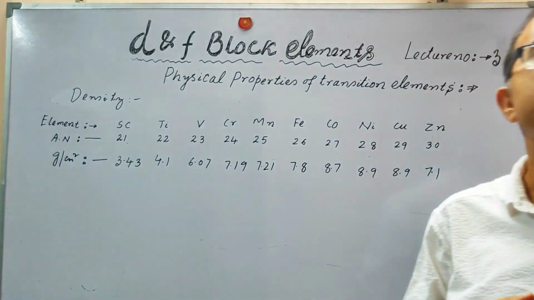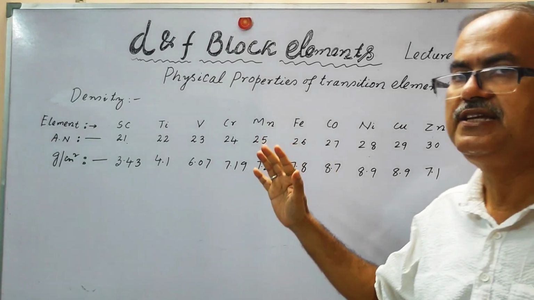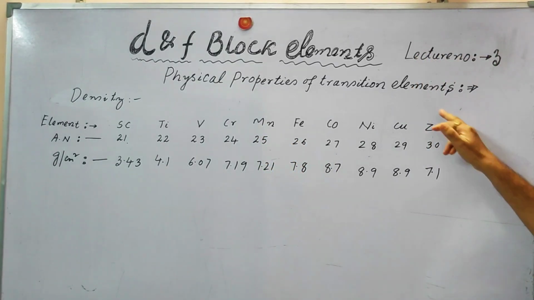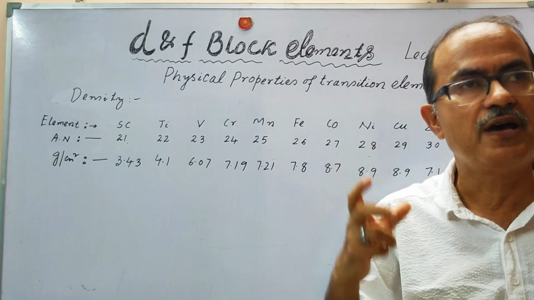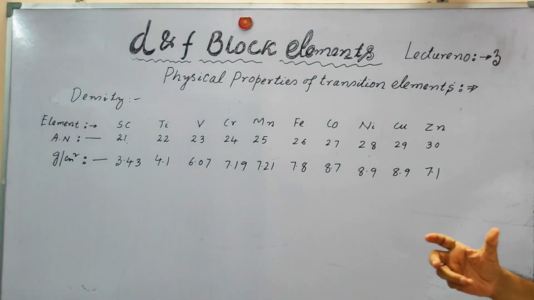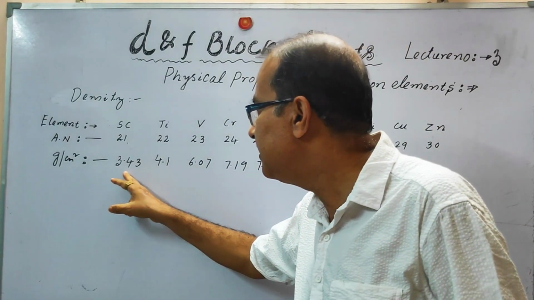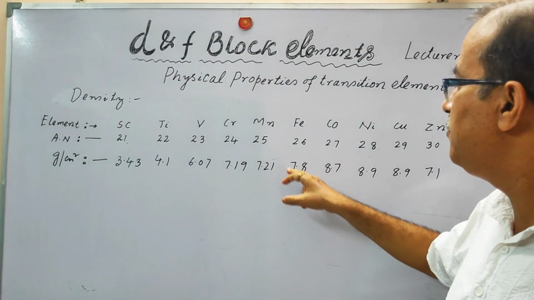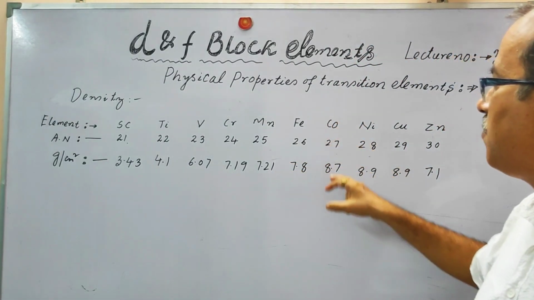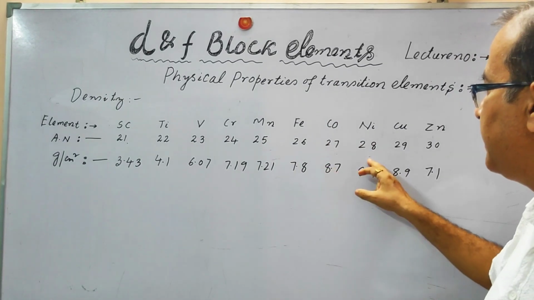What we find is that density gradually increases, but in the case of zinc it is slightly lower, because it has a weak metallic bond. Here you can see density goes on increasing. Here Fe you will find 7.8, copper 8.7 and 8.9.